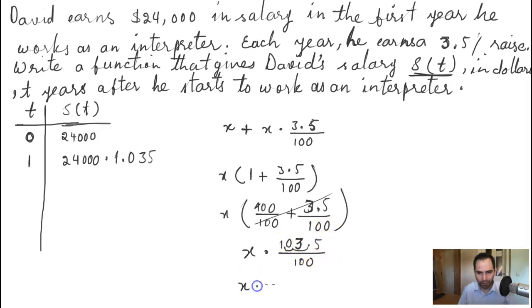So x times 1.035. Any amount you want to increase by 3.5%, you multiply that amount by 1.035, and that's how you get this number.